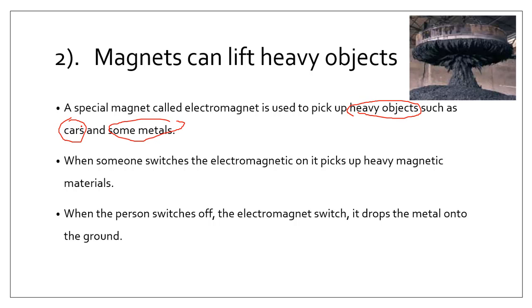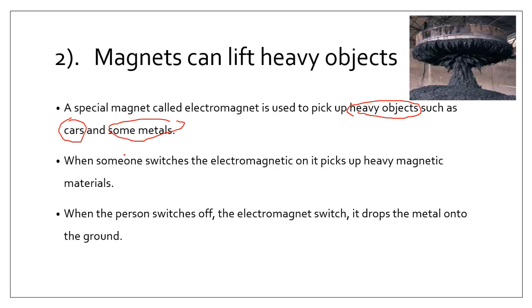On cars, for example, I don't think two people can uplift a car. That is impossible. But the same person can uplift it if he uses what? A machine, and that machine should have an electromagnet that will be able to pick up that car or some heavy metals.